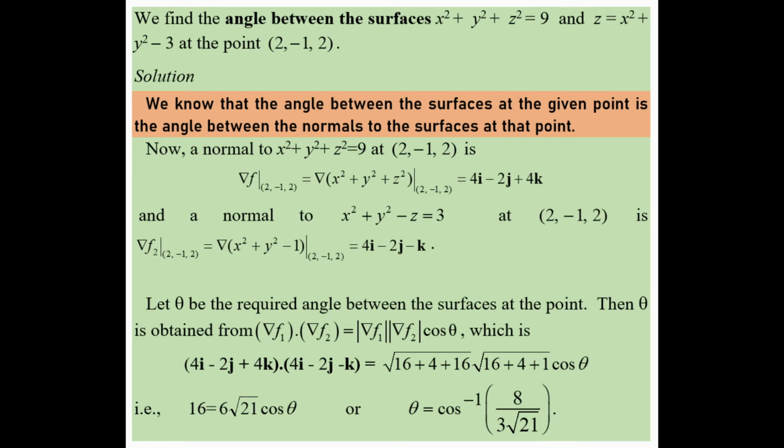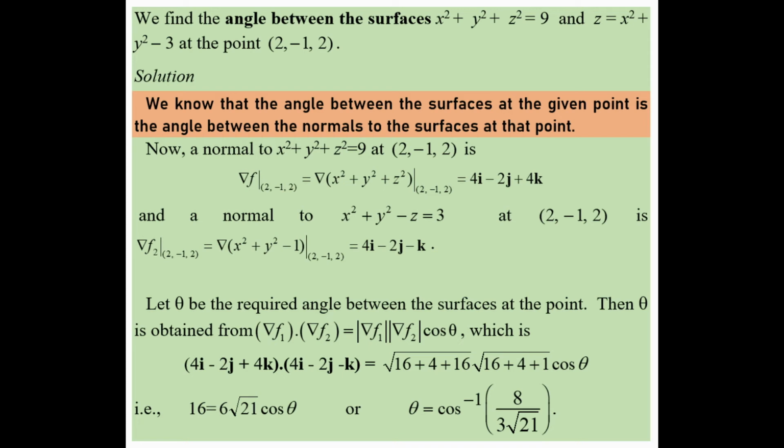The angle between the surfaces means the surfaces will meet at a point, and at the meeting point there will be a tangent plane to one surface and a tangent plane to the other surface, and those two tangent planes will have normals. The angle between those normal vectors is the angle between the surfaces.